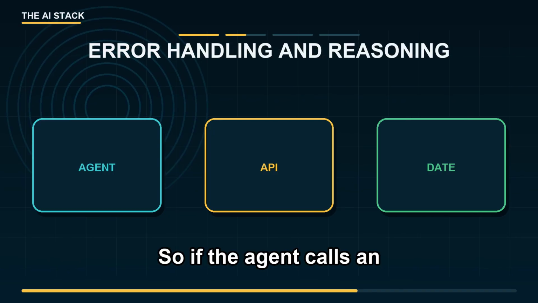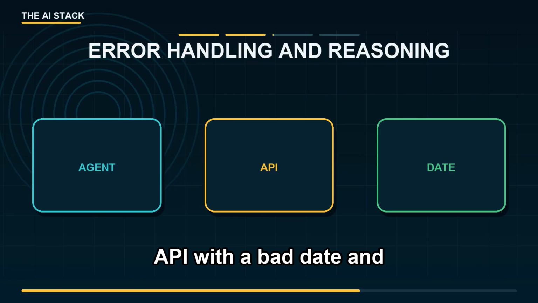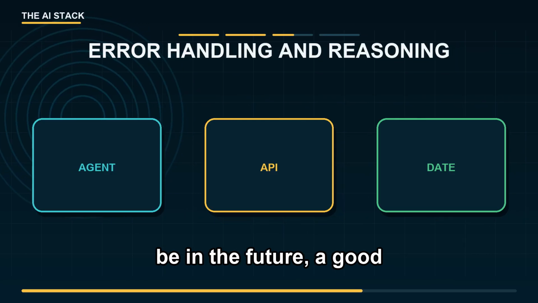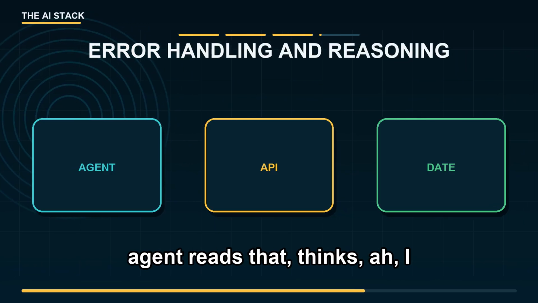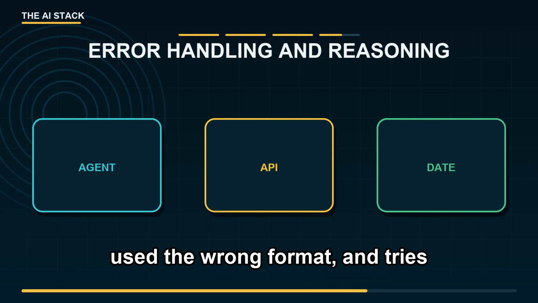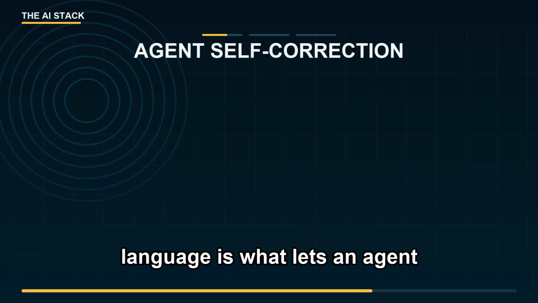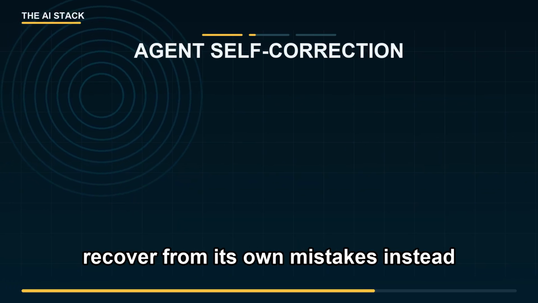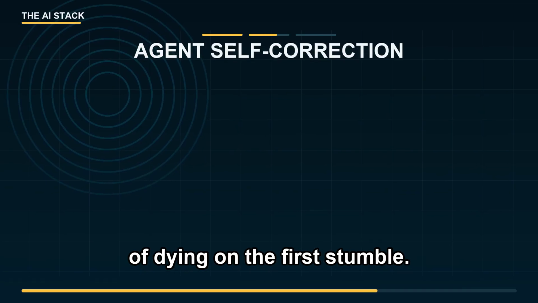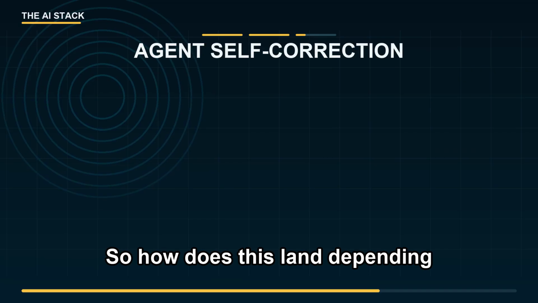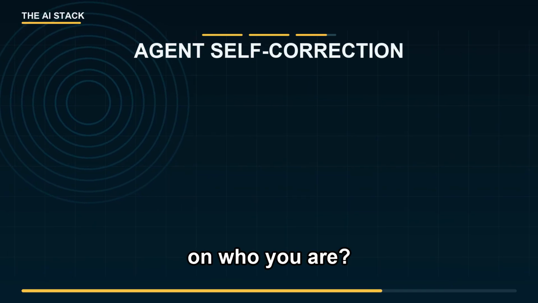So if the agent calls an API with a bad date and the tool replies, "Error, date must be in the future," a good agent reads that, thinks, I used the wrong format, and tries again correctly. Your tools talking back in clear language is what lets an agent recover from its own mistakes instead of dying on the first stumble.